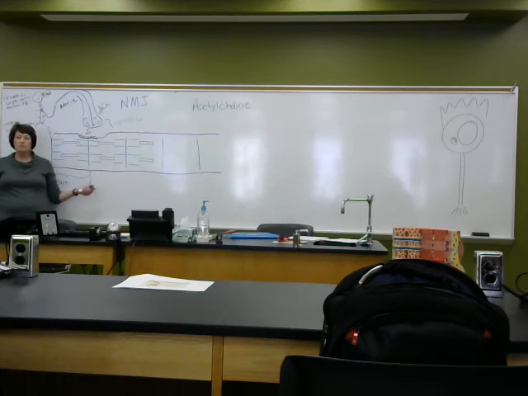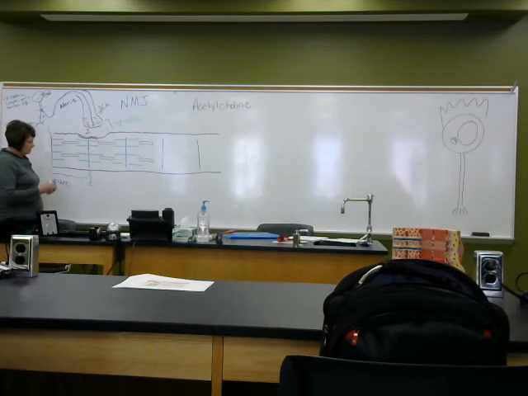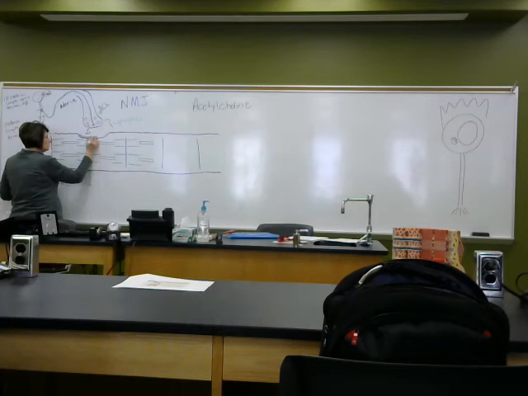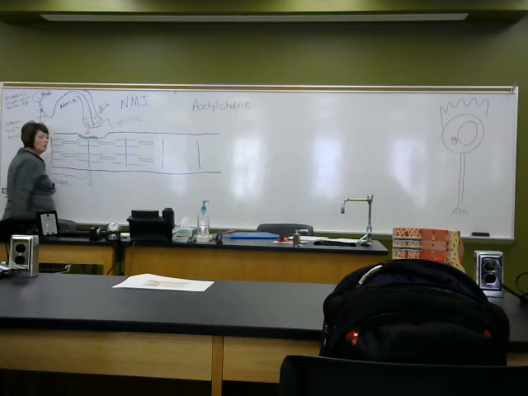Are they going to be gated or non-gated? They're going to be gated. So when the acetylcholine gets released, the receptors will accept the acetylcholine. And if they accept the acetylcholine, what happens to the gate? The gate opens.